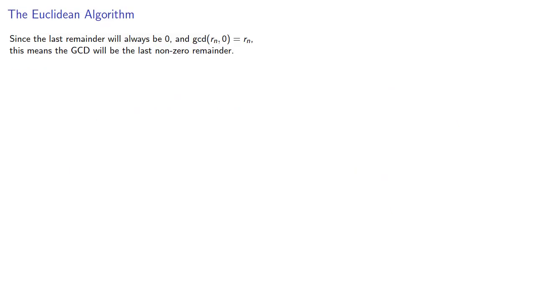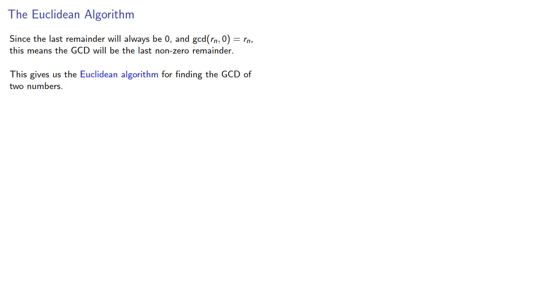Since the last remainder will always be 0, and the greatest common divisor of any number and 0 is just that number, this means that the greatest common divisor will be the last non-zero remainder. And this gives us the Euclidean algorithm for finding the greatest common divisor of two numbers.